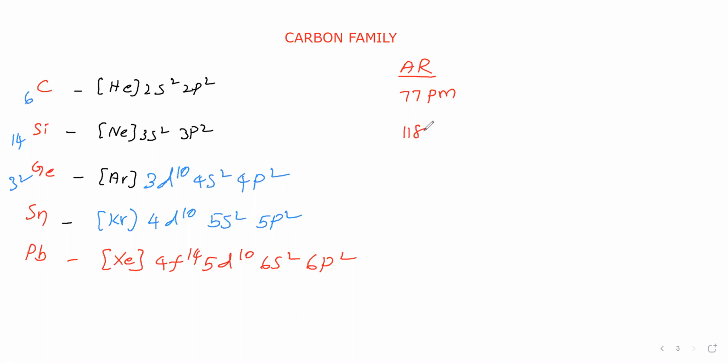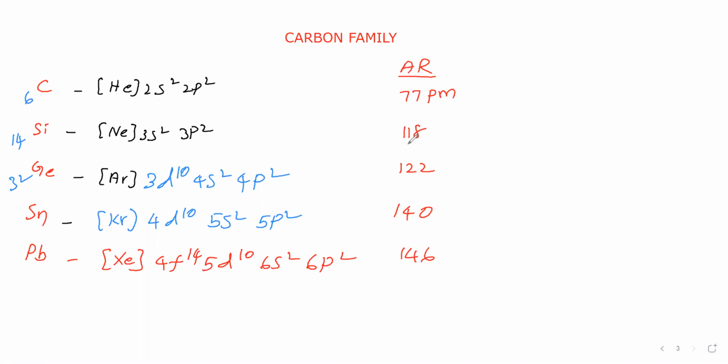Germanium 122. Tin 140. Lead 146. So atomic radius is like this. That means it is given in terms of covalent radius.